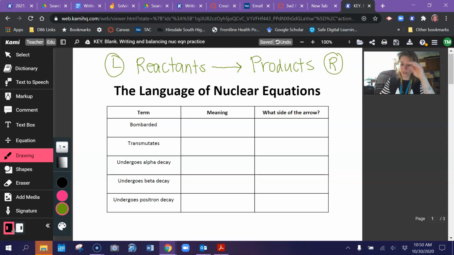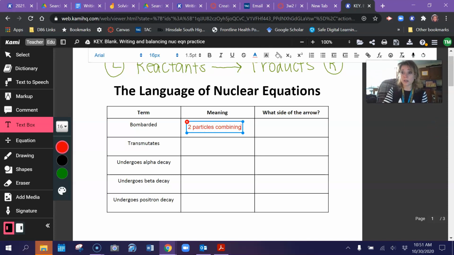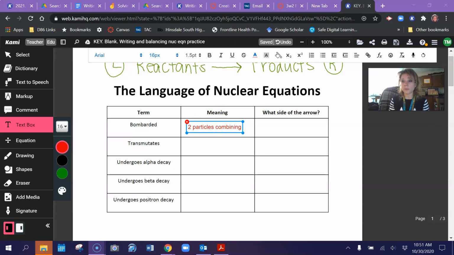All right, let's start by talking about bombardment. So when something is bombarded with something else, it means that they are combining. So we have two particles combining. Now these could be two particles like an electron and a proton, or it could be a radioisotope that is being bombarded by a beta particle, or it's being bombarded by a proton.